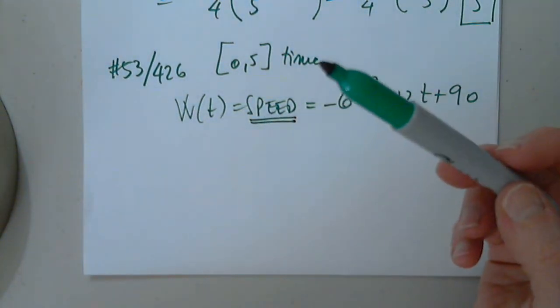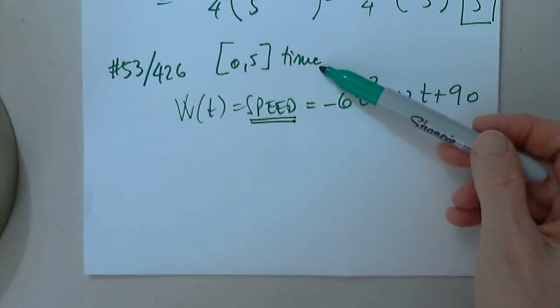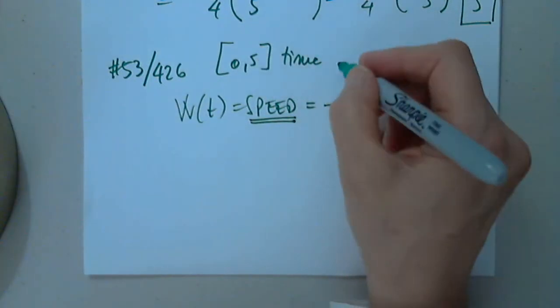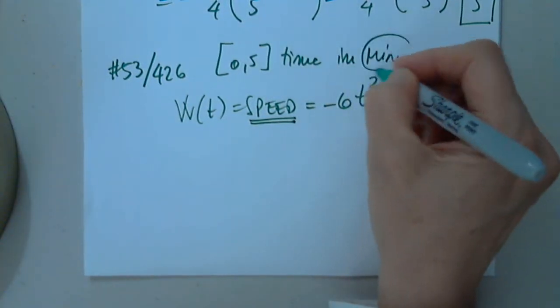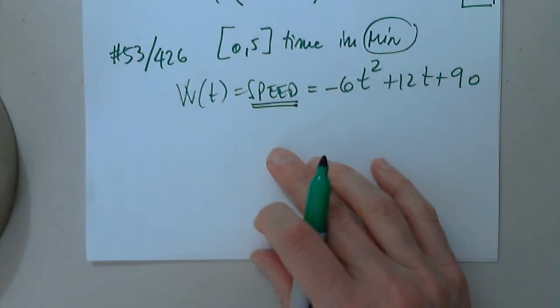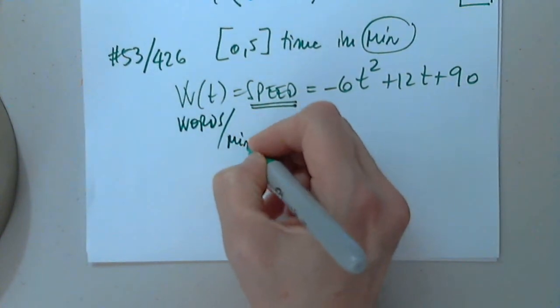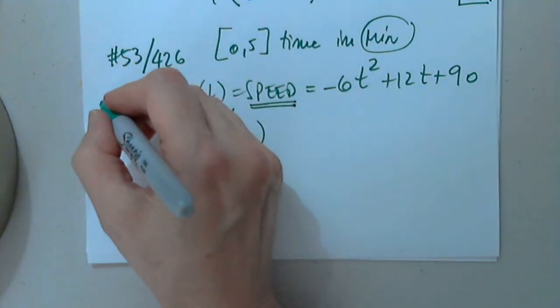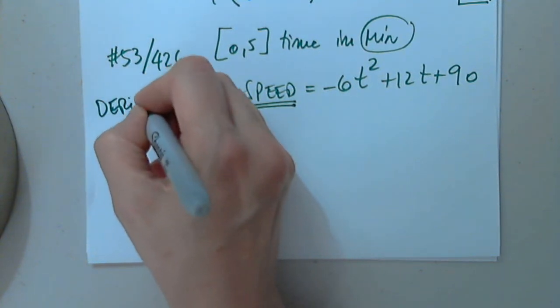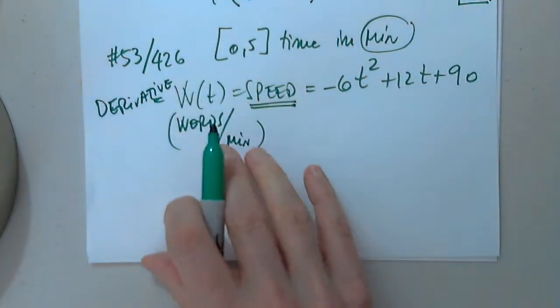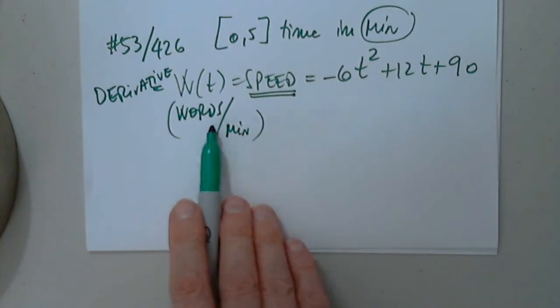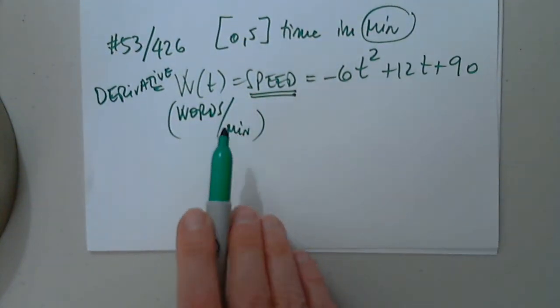So it's words per minute. And we'll see in a moment, so this is time in minutes. Very important to remember that. W is the speed in words per minute. So we know that this is a derivative.